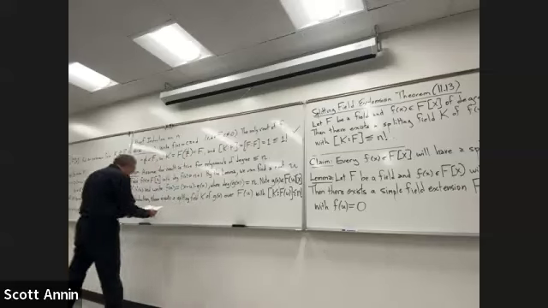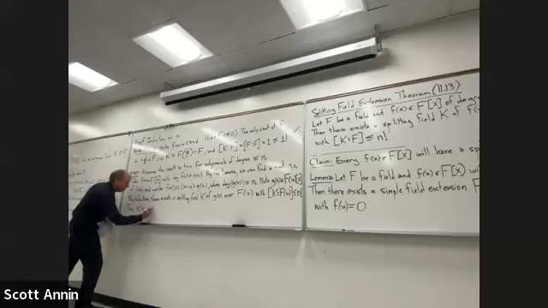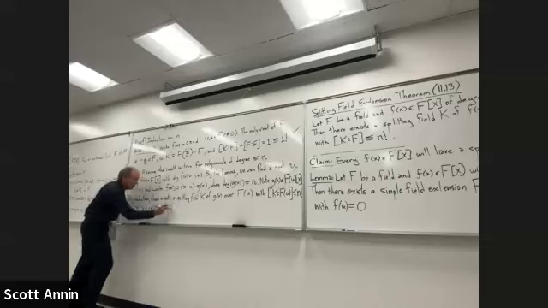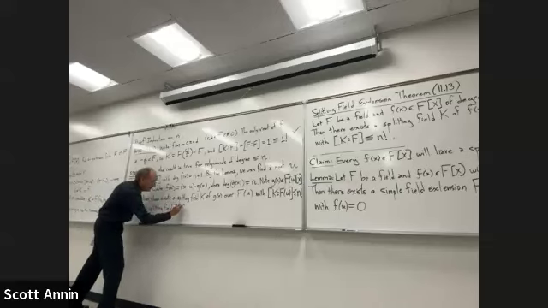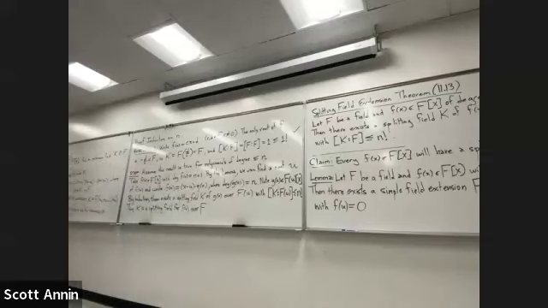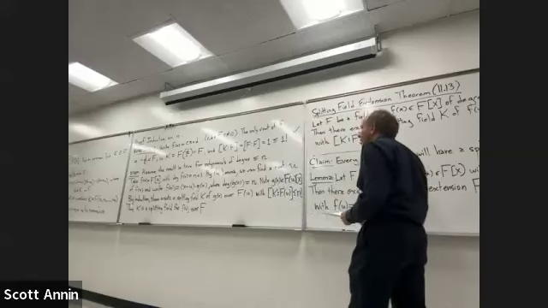Right, so let's just write that down. So thus, K is a splitting field for little f(x) over capital F. We can totally split out the g(x), and then we will have a factorization of f(x) as well.